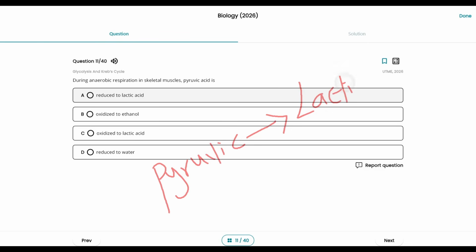So, the process, can you hear me? This process helps produce a small amount of energy, in form of ATP.